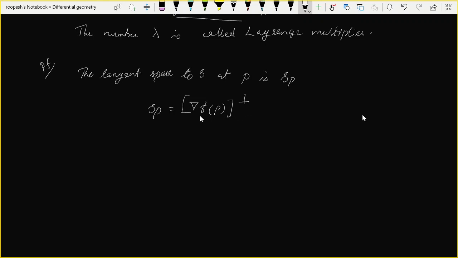So we are considering all the vectors which are perpendicular to del F of P.